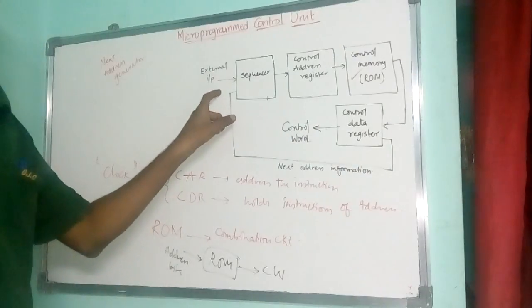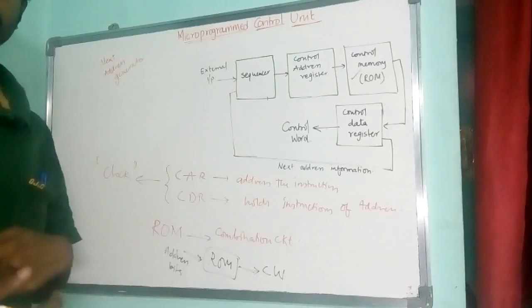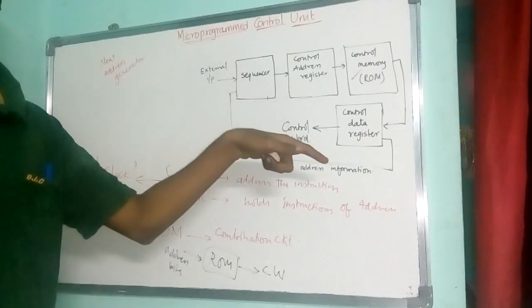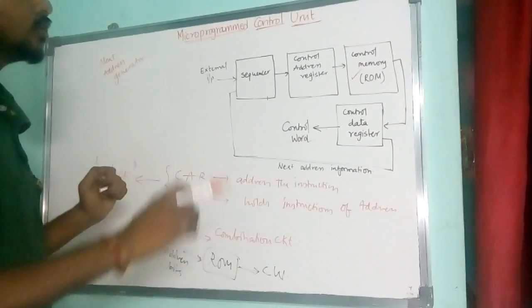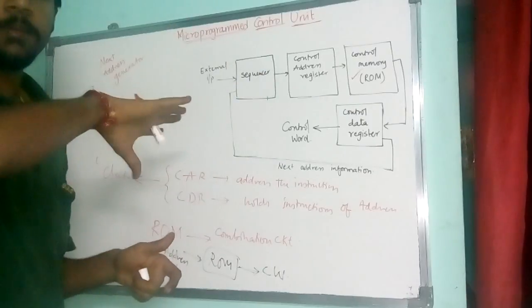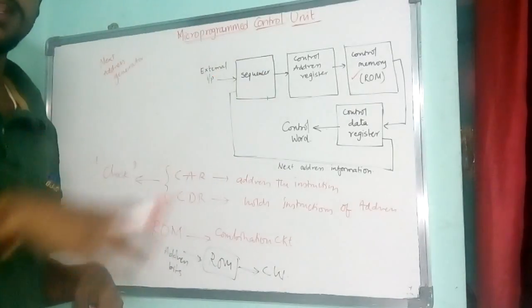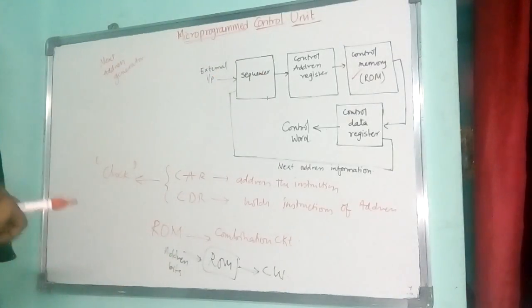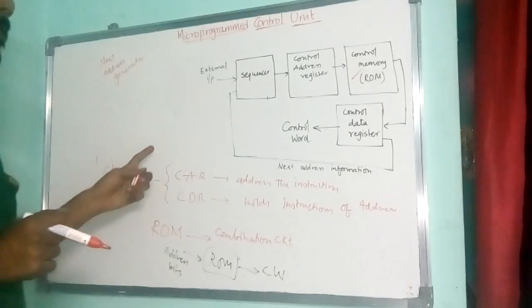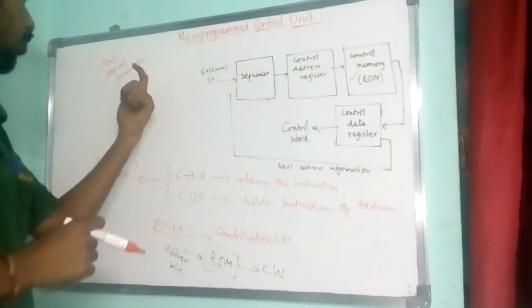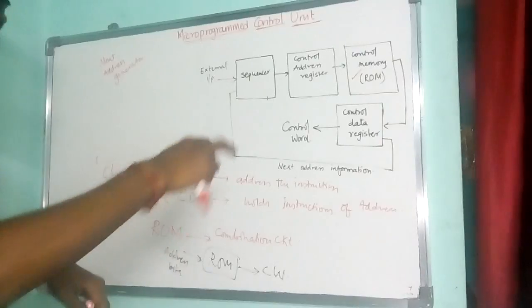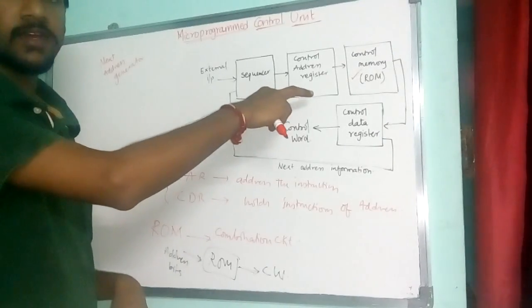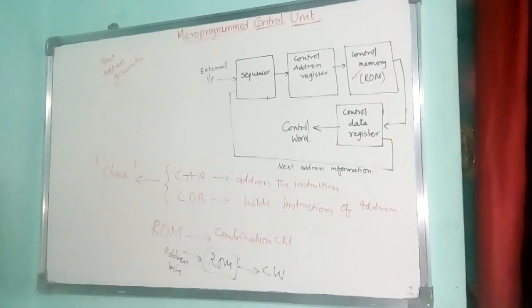I need to get back to the next cycle for the next address of the instruction. So this process should be cyclic. It should continue until each and every instruction is completed for execution. So this sequencer does this job. It produces the next address of the instruction and gives that to the control address register.